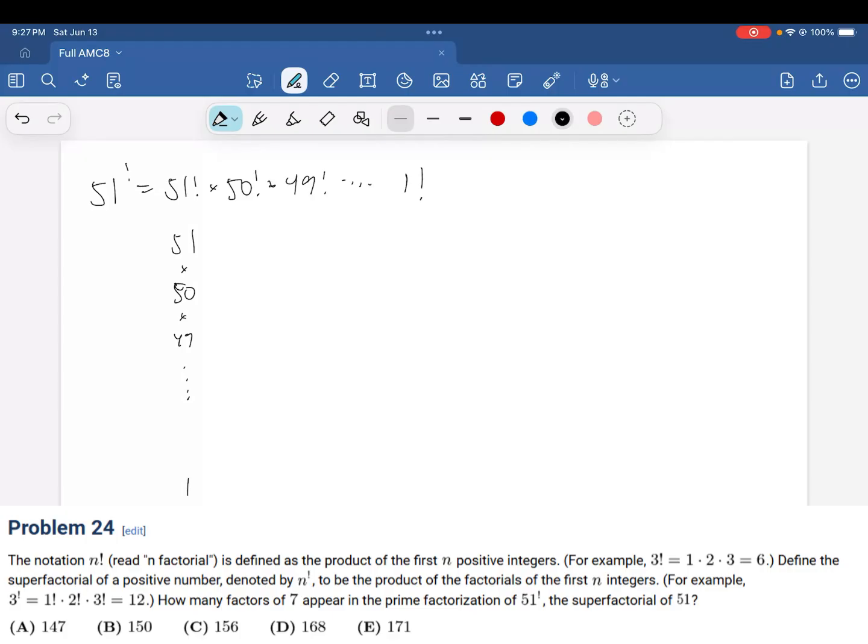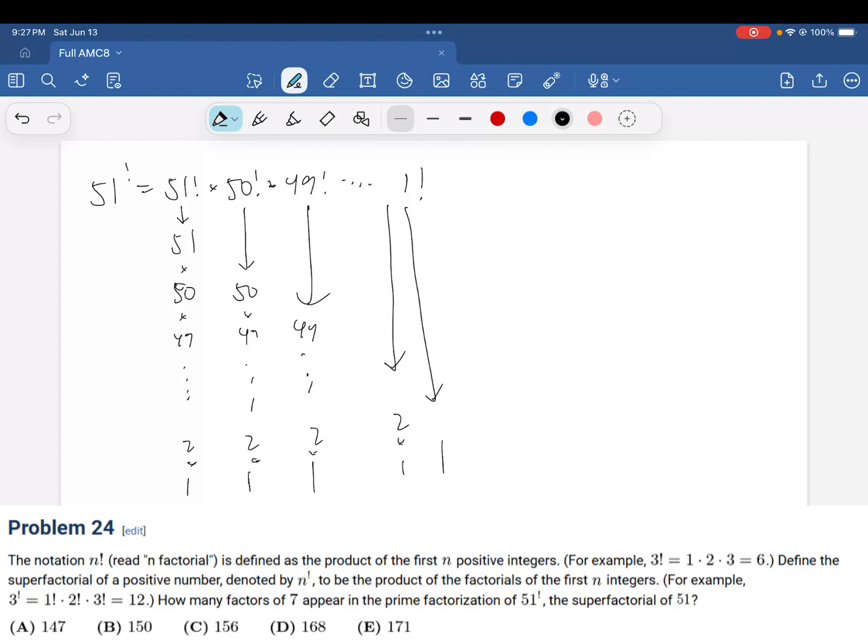And then 50 factorial is a similar thing, down to 1. 49. So you can kind of see a pattern here. I'll just write this 2 here for completion. This goes to here, and 1 is this, and the 2 here is 2 times 1.